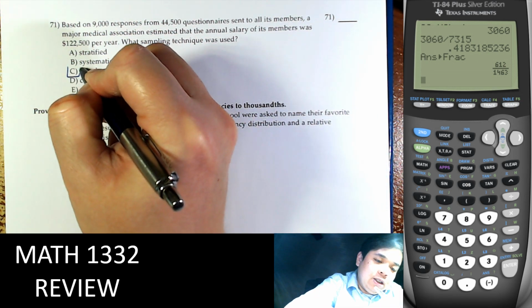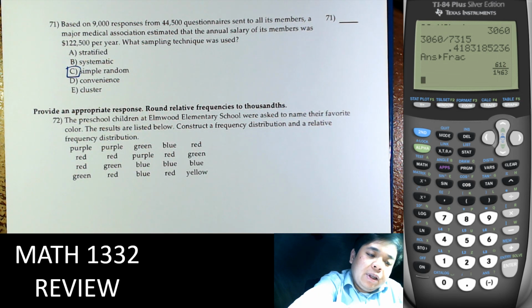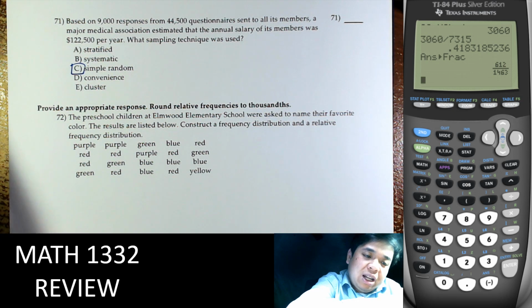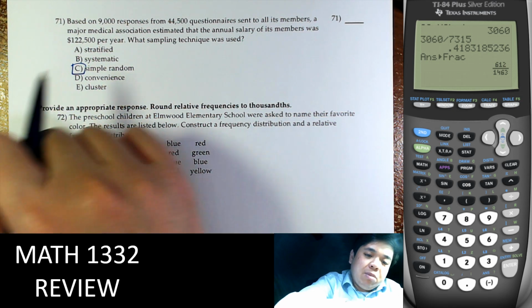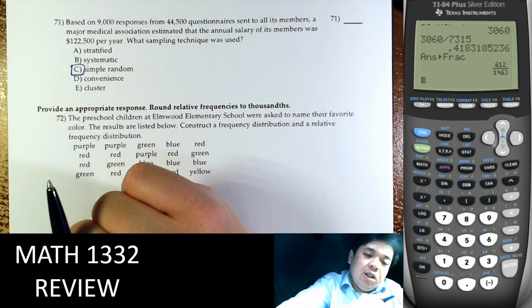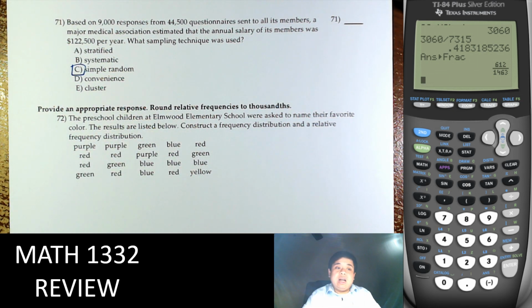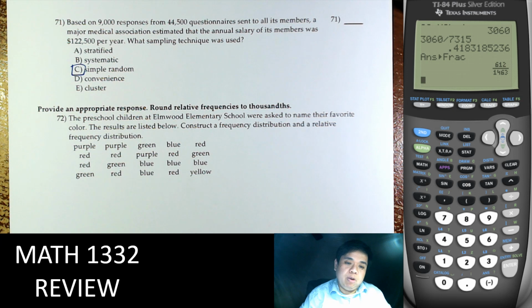So 45,500 and just 9,000. We choose 9,000 responses from that many. So I didn't say anything special, but that would be the simple random sample.